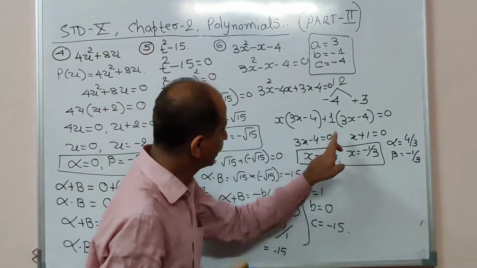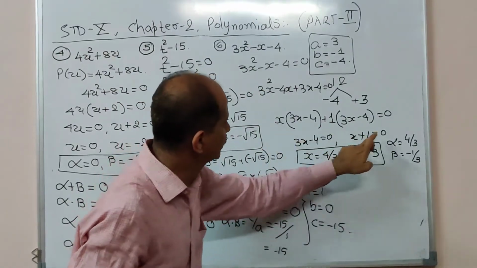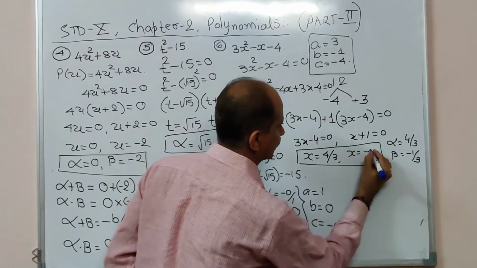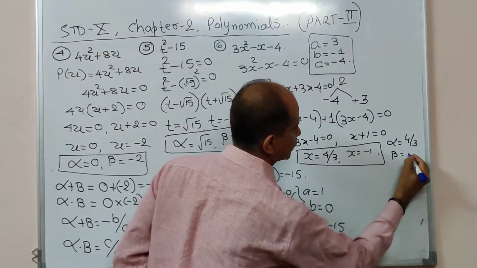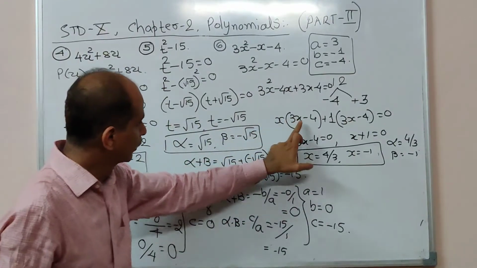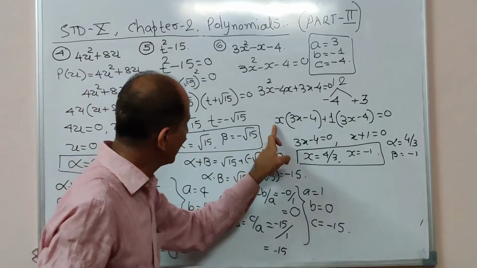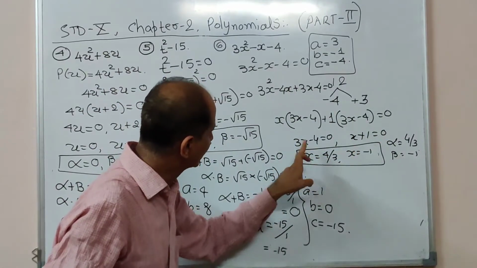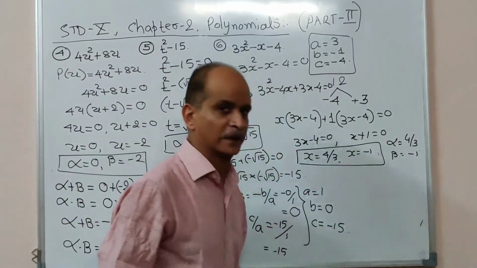Sorry, here x plus 1 is equal to 0, so x is equal to minus 1. Here beta is equal to minus 1. Let me explain this again. 3x minus 4 is equal to 0 and x plus 1 is equal to 0. Therefore x is equal to 4 by 3 and x is equal to minus 1.